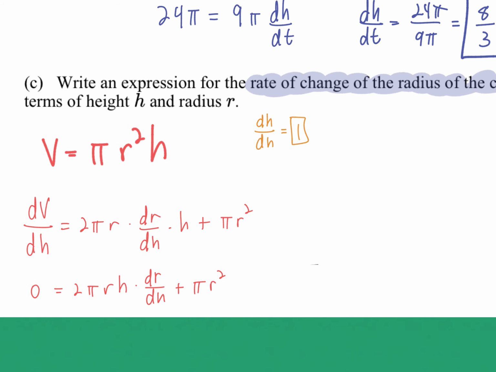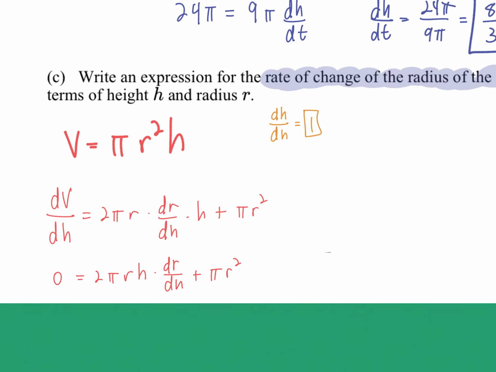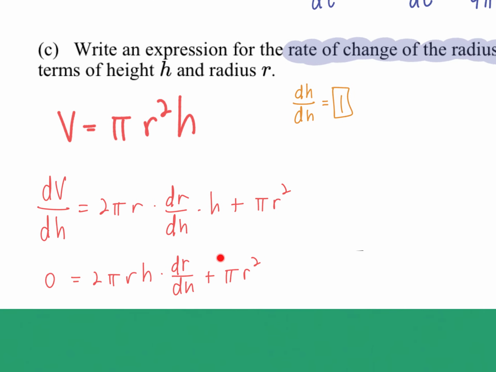Okay, and then we want to solve for this dr dh. Yeah, dr dh. So definitely we'll just subtract this over to the other side and then divide by that. So here, let's write that. dr dh equals. Okay, so this will get subtracted to the other side. That'll be on top.